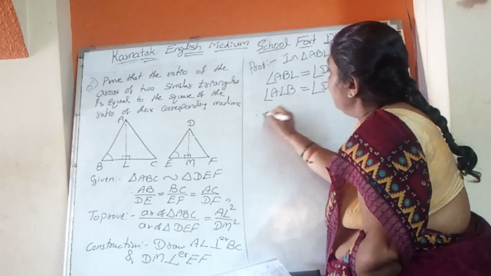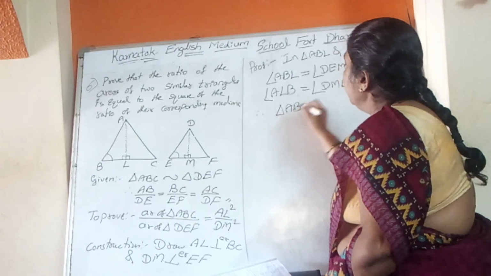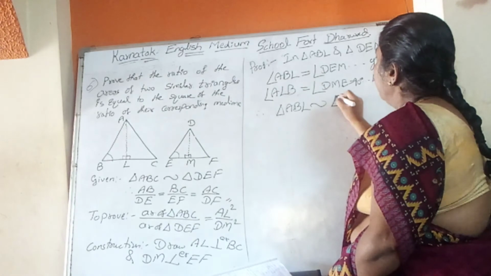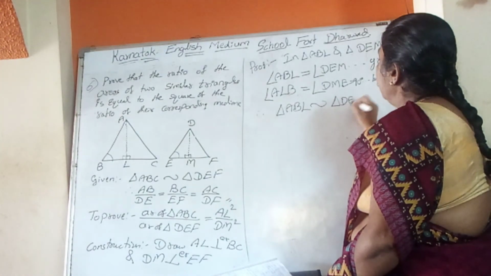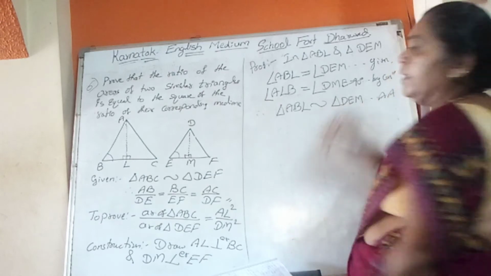So therefore triangle ABL is similar to triangle DEM because of the AA criteria.